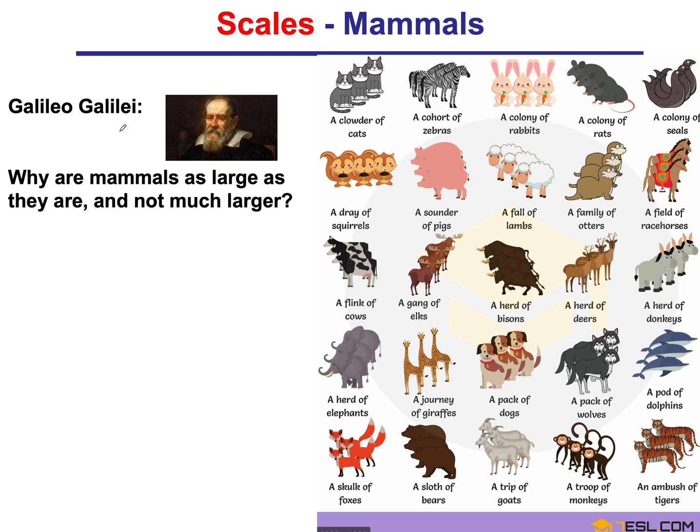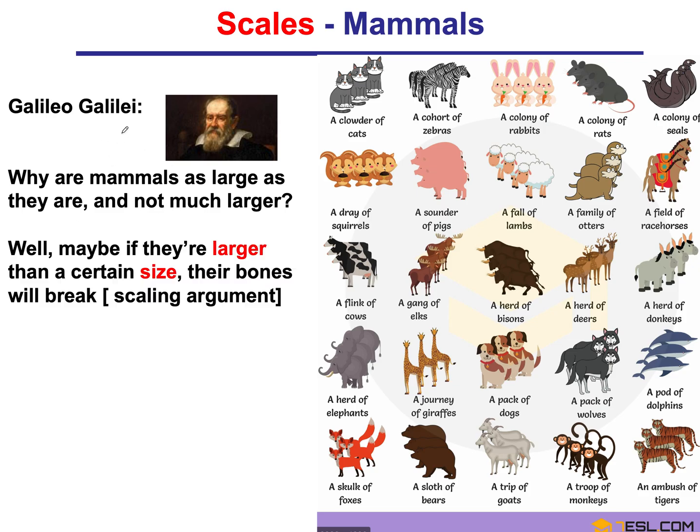and his argument 500 years ago was, well, since we now said that the weight scales with the length scale, as the animal gets larger and larger, the weight becomes so huge that the bones will not be able to take it. So that's what we call a scaling argument: the size decides the behavior.